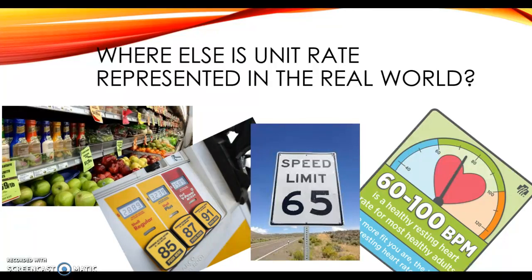So again, you have price per gallon instead of a speed of a distance per second or a distance per minute. You have a speed limit sign. That'll be 65 miles per hour. Okay. And then even when you go to the doctor and they're checking your heart rate, how many beats per minute. Okay. So think about that. Start paying a little bit of attention to what you're seeing in the world and how it relates to math. And you will be surprised.